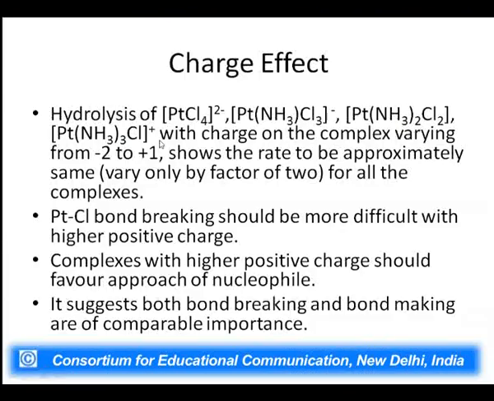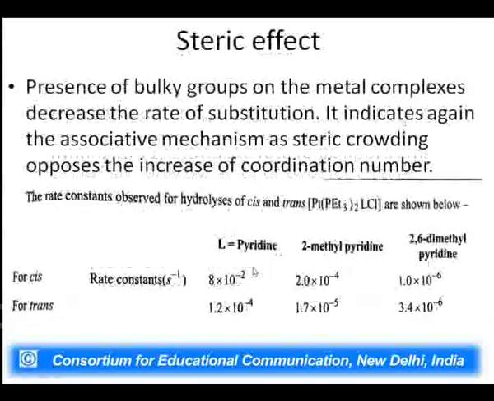But from this study, it is found that there is no difference in the rate of reaction of all these 4 complexes. So, it suggests that both bond breaking and bond making are of comparable importance, and the charge on the complex has basically no effect on the rate of reaction, as the mechanism followed is the associative mechanism in this case.